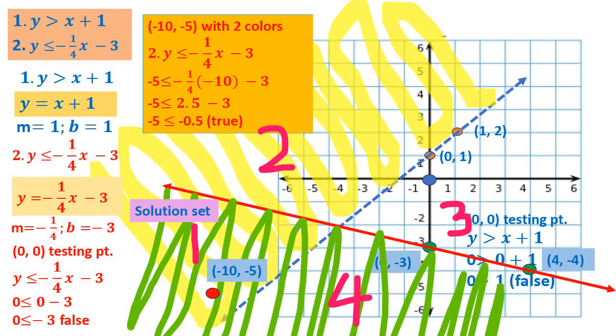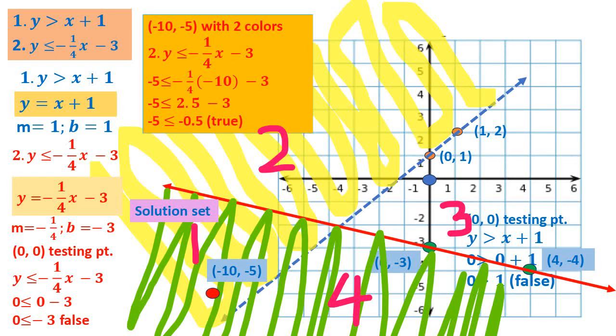So negative times negative is positive 10 over 4, so 2.5, minus 3. So it will give us -5 less than or equal to -0.5.